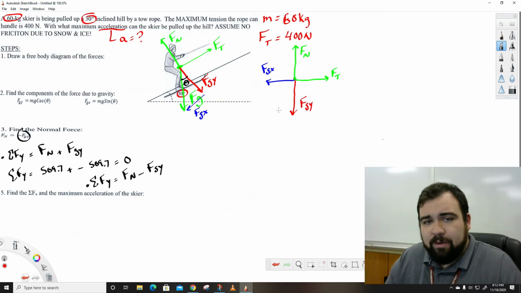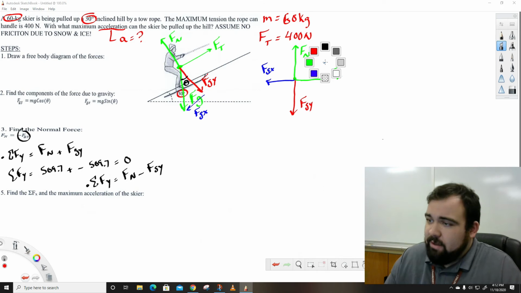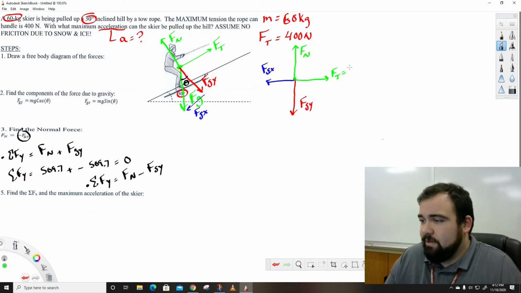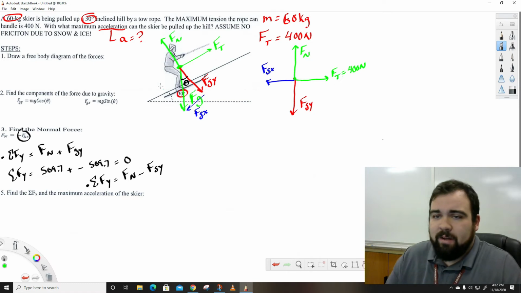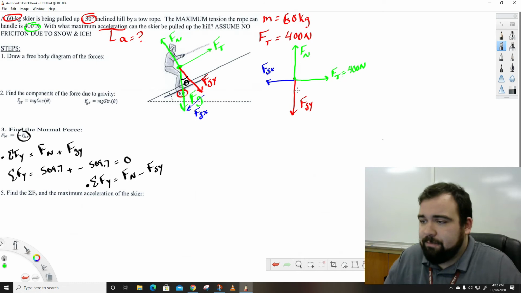So now the entire free body diagram is in the perspective that we're used to, just seeing a plus sign with our forces either in the x and y directions only. But now that we have these values, we should start plugging some of these things in. Now the only value we can plug in as of right now is the force of tension, because we said that that has a maximum of 400 newtons at which the thing can handle.